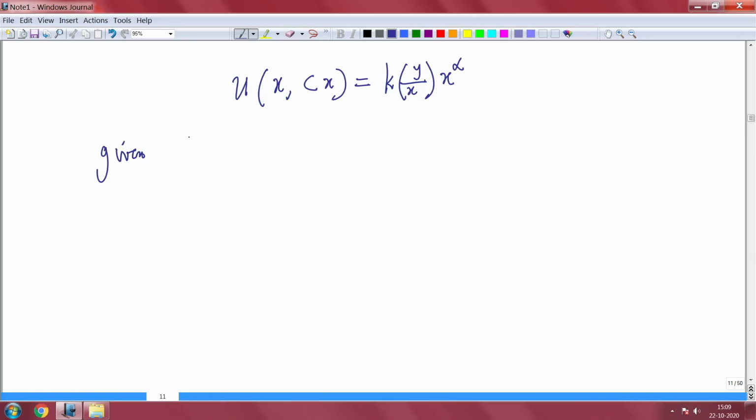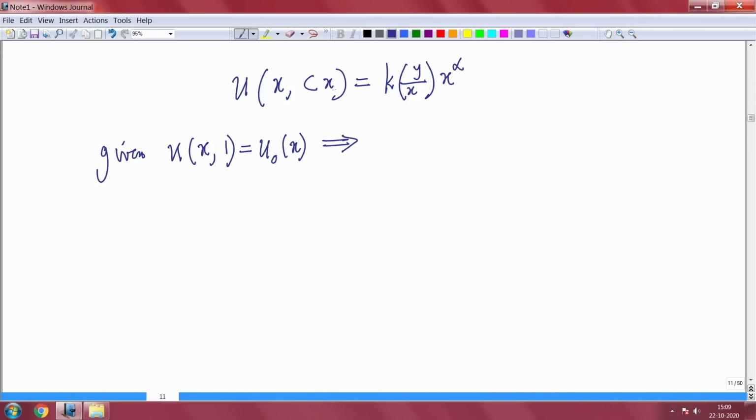Okay. Now, given u at x1 is equal to u naught of x, that implies that it is equal to 1.